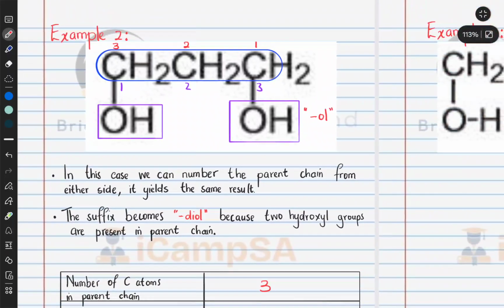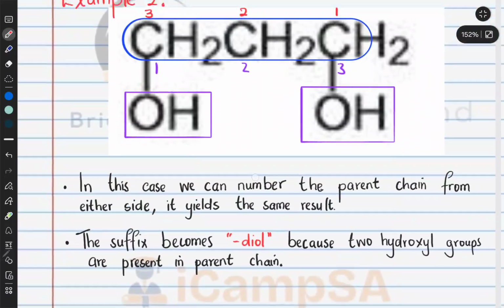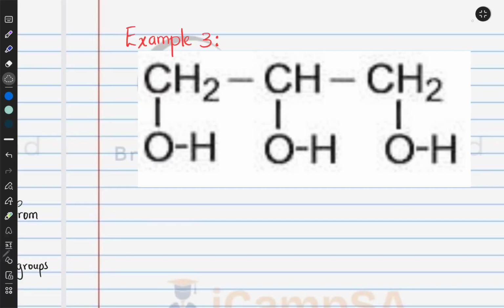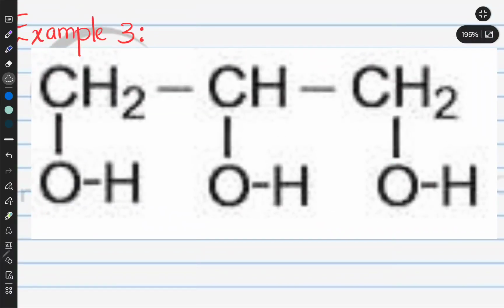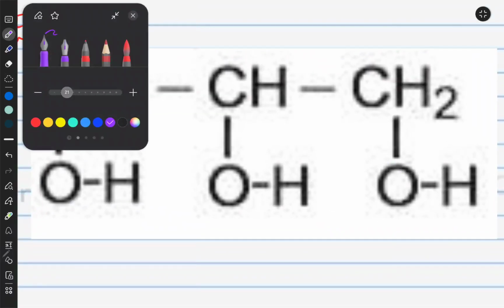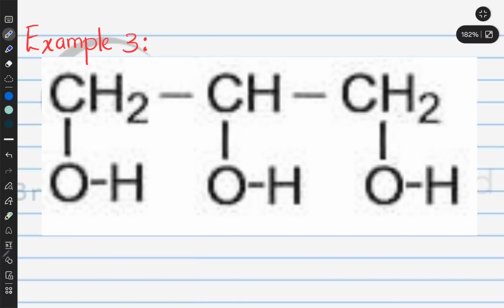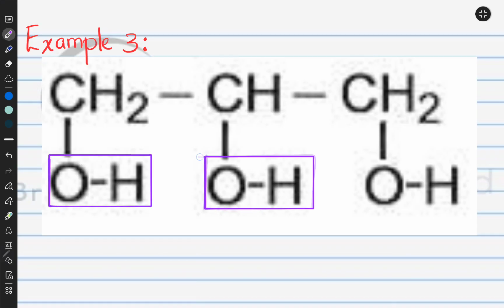All right, let's see, we did not miss anything. Okay, yes, we are good to go through our next example. All right, and then let's check this one. If you check here, we have 3 hydroxyl groups, 1, 2, and then lastly 3.